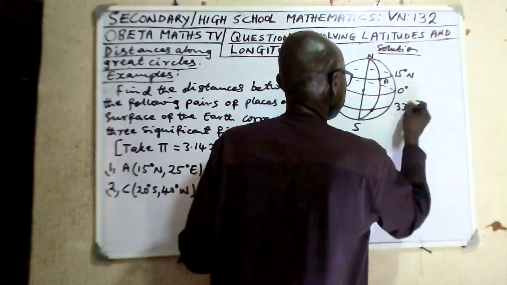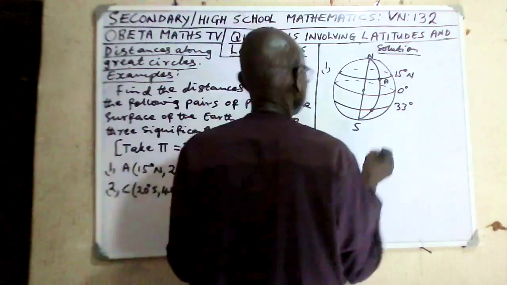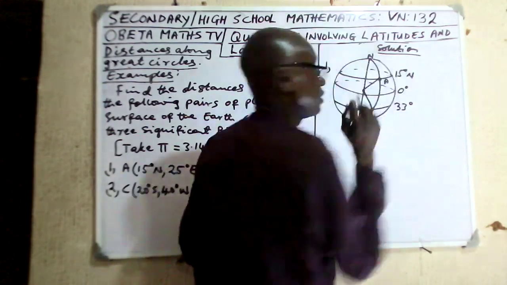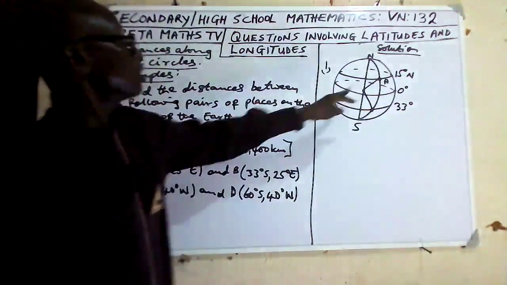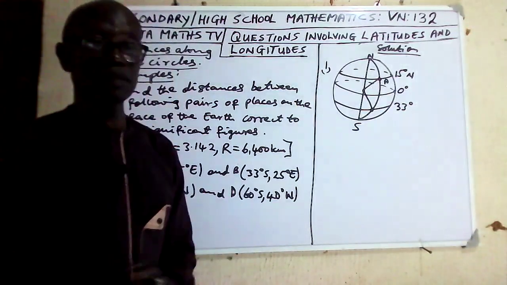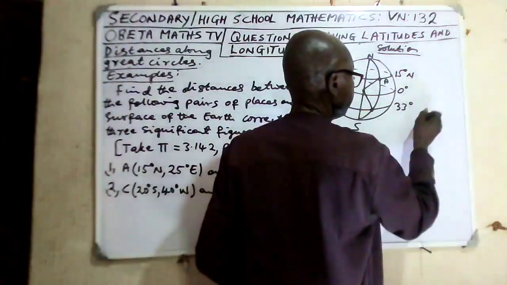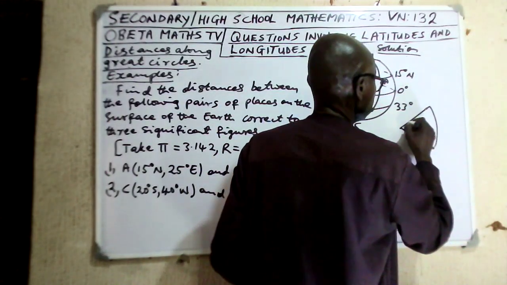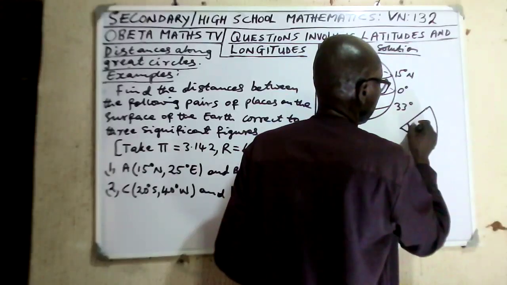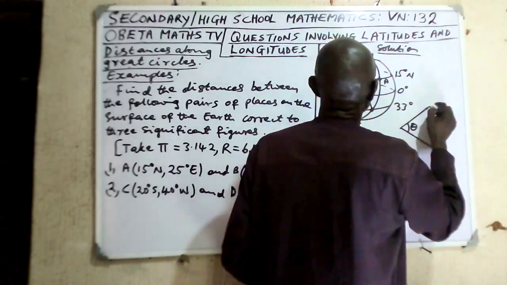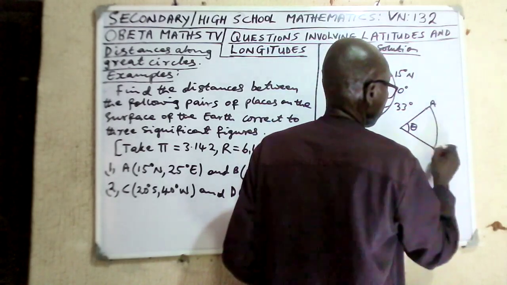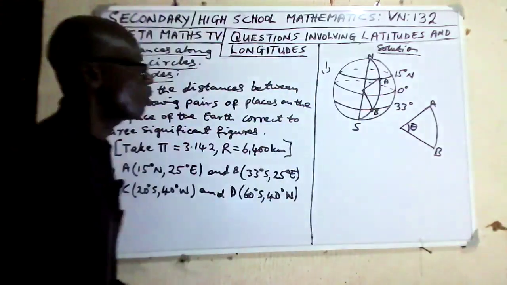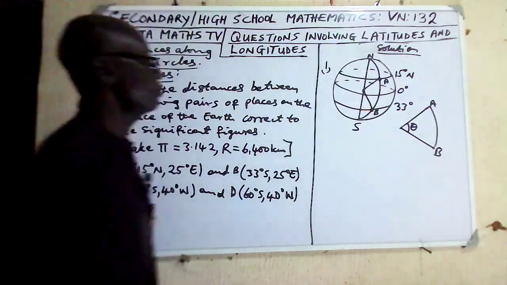So since it is along a longitude, our R is capital R. So we draw it outside. This is our theta. Then we have A, B. Okay. So we are looking for the distance between A and B.